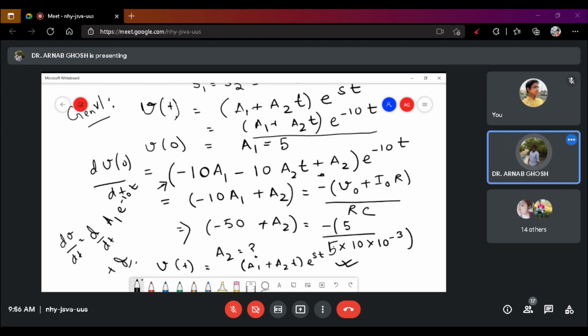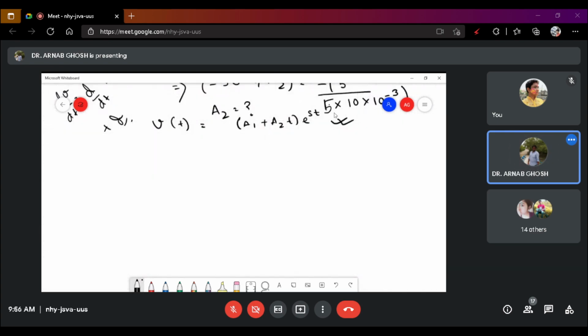Your v0 was (A1 plus A2 t) into e to the power minus 10t.